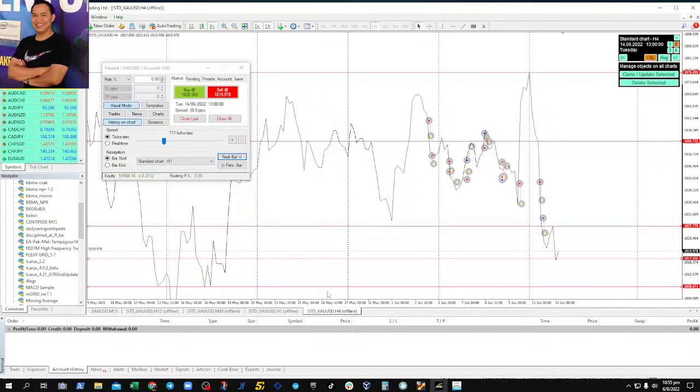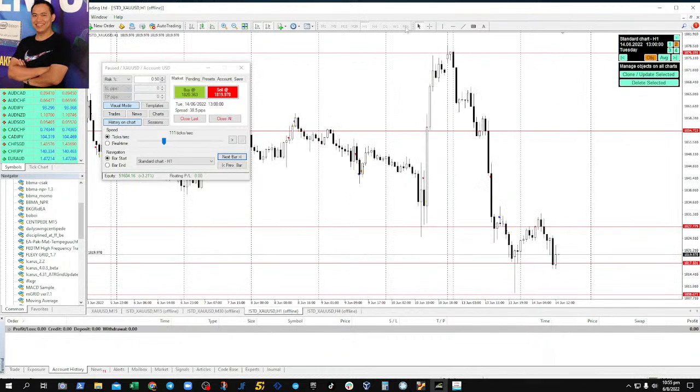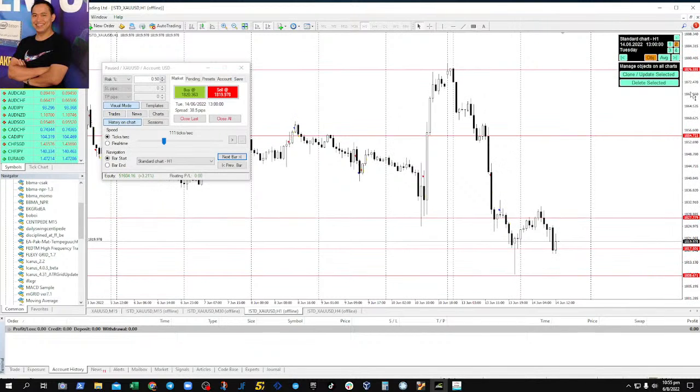Clone, update selected. Move to H1. Let's do the thing all over again. Mark the SNR levels. SND zone, I mean. Mark this SND zone. Mark this. Oh, this is tricky.